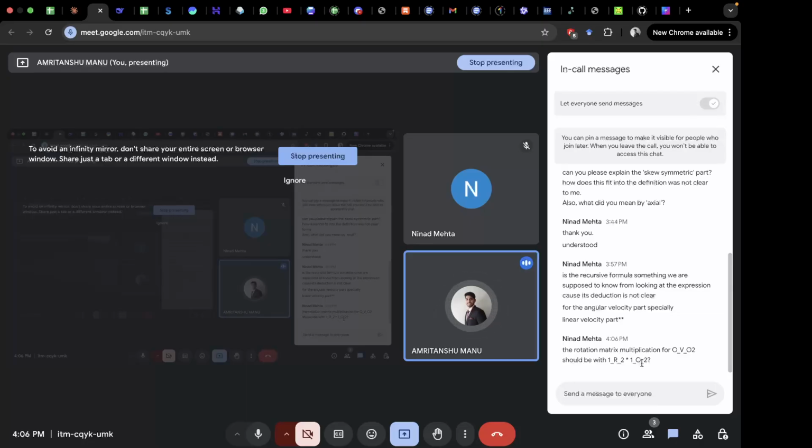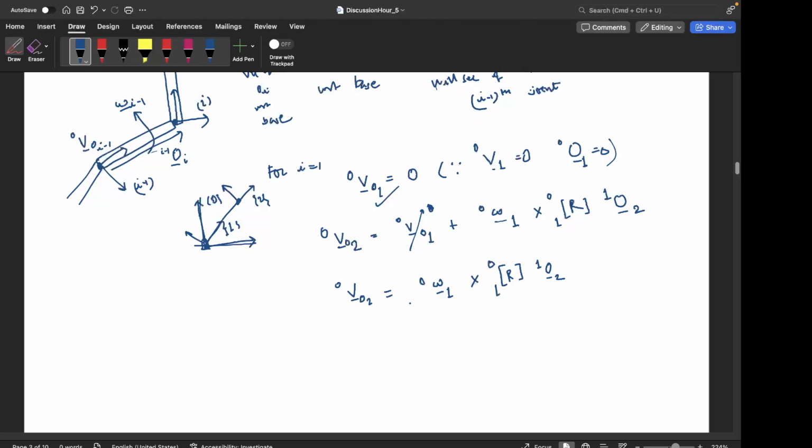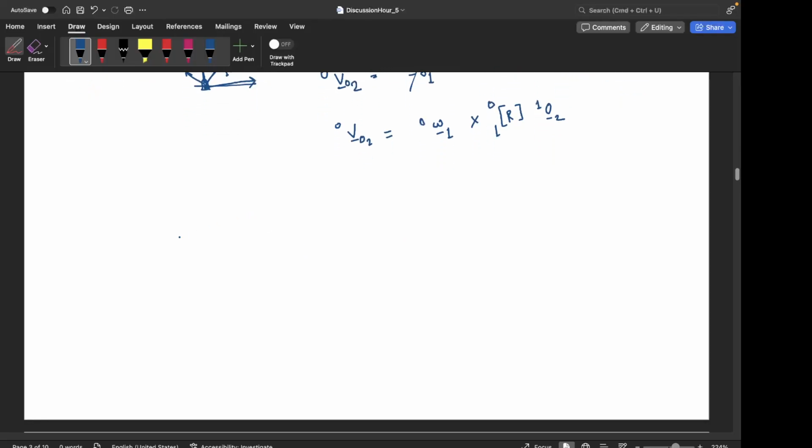This is O2. Wait, I think they are still thinking. So I will move on to the derivation for a 2R manipulator, and that would, I believe, clear out the remaining doubts. Let me proceed to that, and let's see if there are some queries after that as well. Since I will derive all the rotation matrices and write all the values there, it would be clearer.